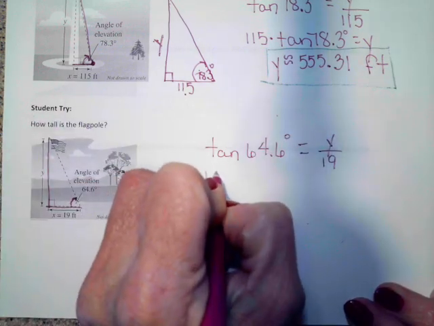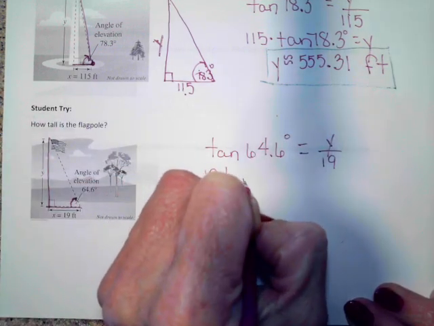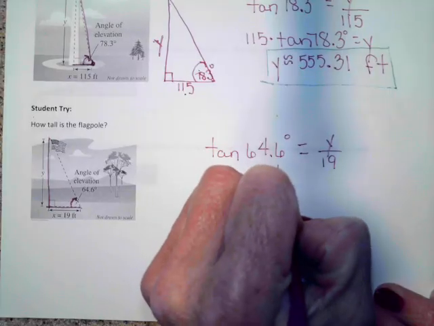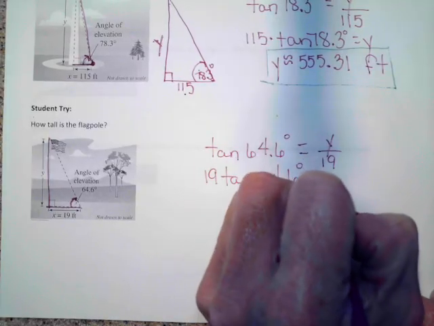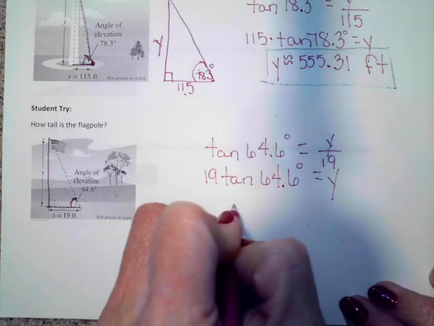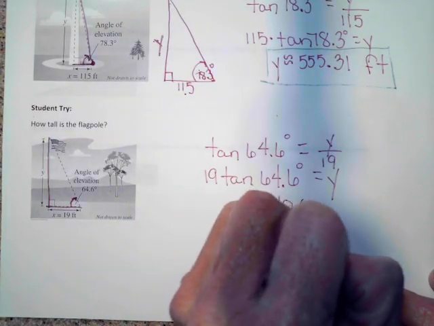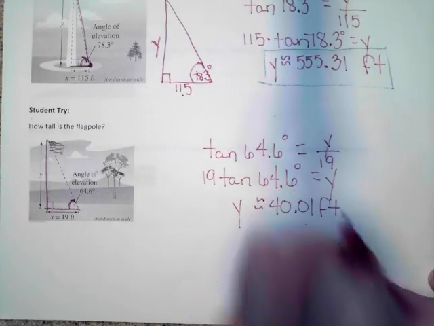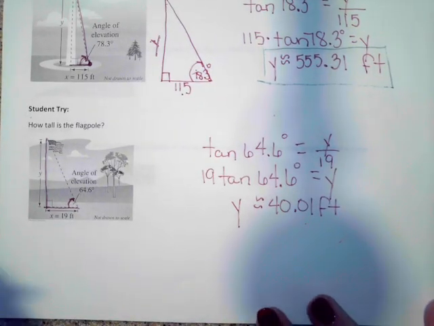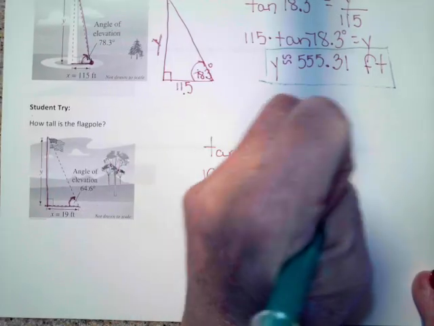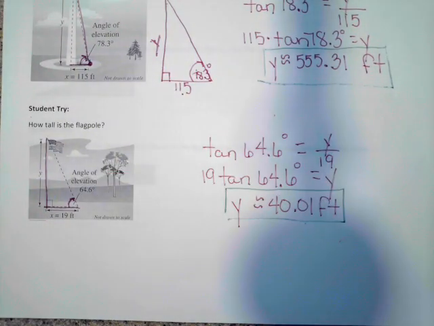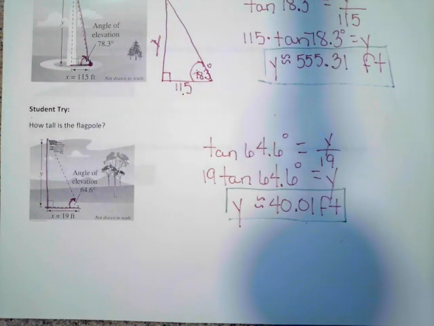And some of you might be thinking, why is she not using cotangent? Well, cotangent is not a button on our calculator. So we want to only use the three trig functions that are buttons on our calculator. So you should get 40.01 feet.